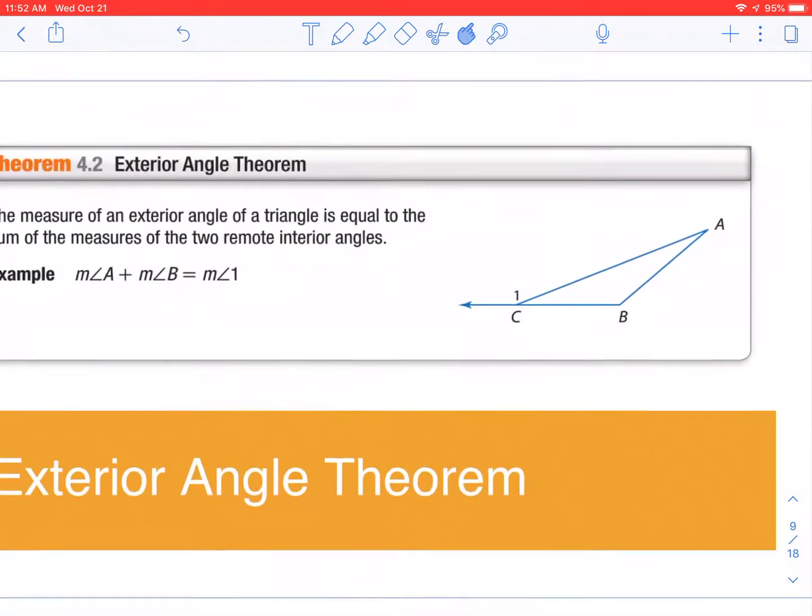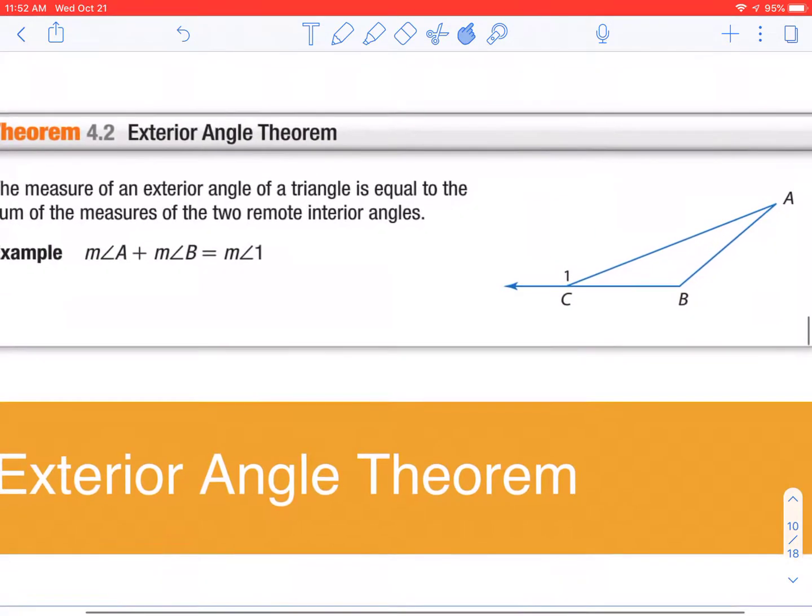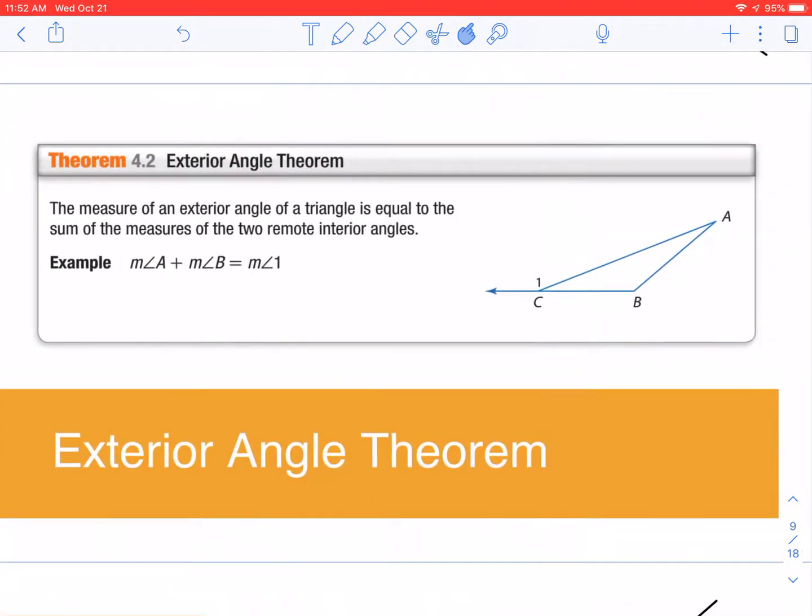All right, we have another theorem. It's called the exterior angle theorem. And in this picture it says angle A plus angle B will equal angle 1, which is the angle outside the triangle, and it's equal to the two opposite angles.